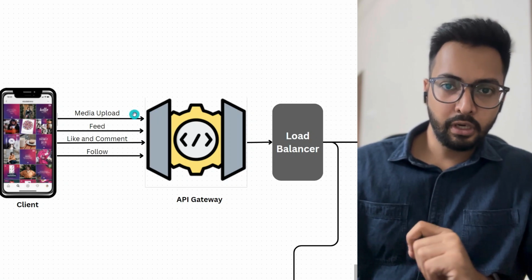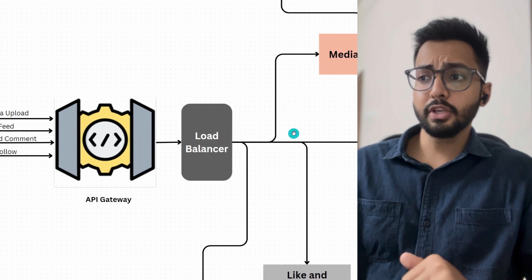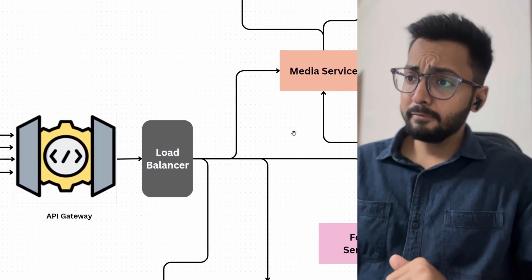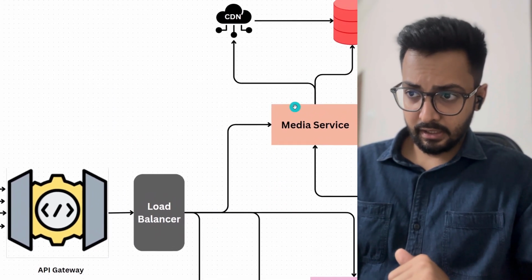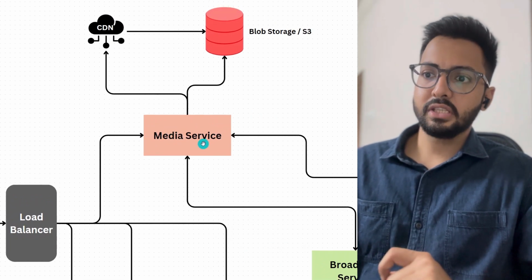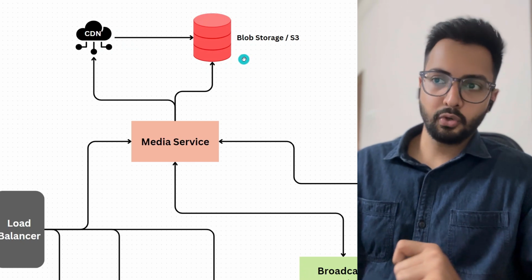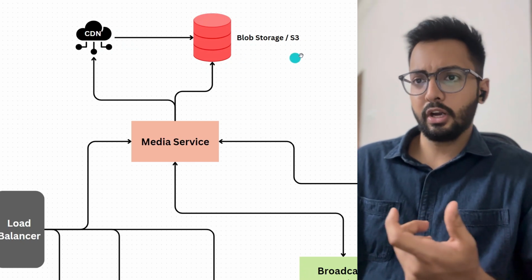When the media upload API is called, when a user posts something, the API goes to the media service. What the media service does is store the image or video in blob storage, either blob storage or S3.